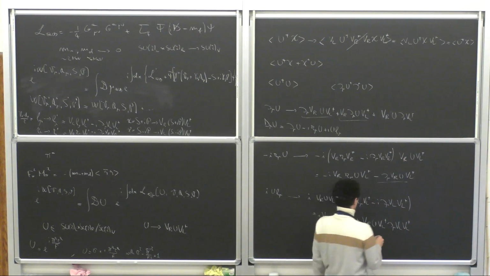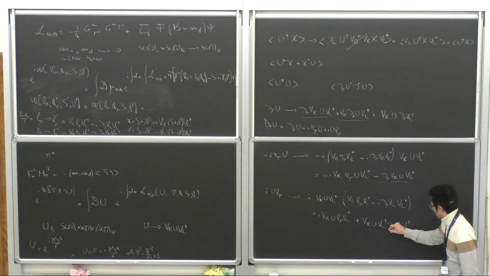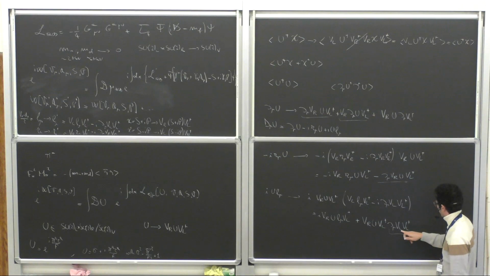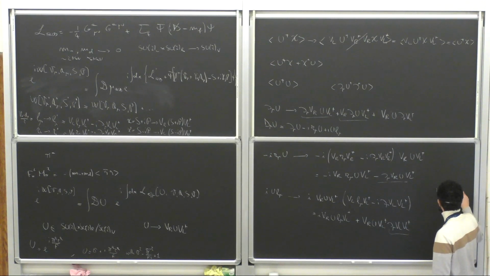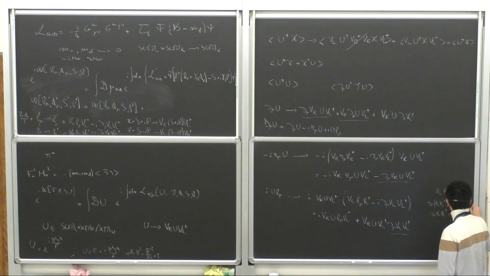And this is indeed the case, because since V_L V_L† is equal to unity, then ∂_μ (V_L V_L†) is 0. So ∂_μ V_L† is equal to minus V_L† ∂_μ V_L V_L†.